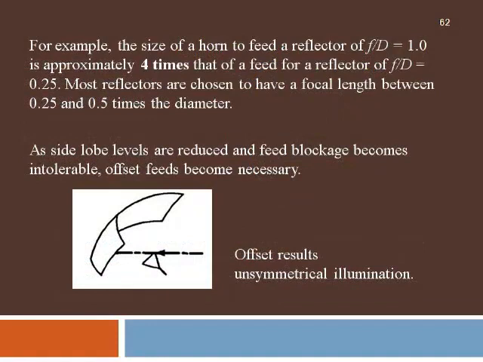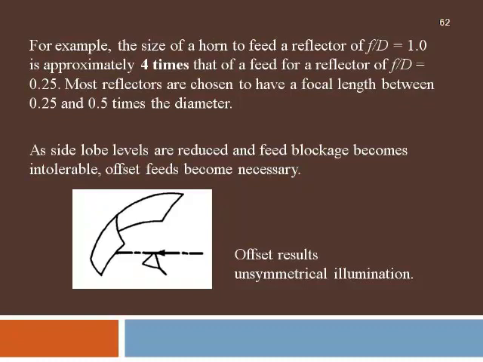For example, the size of a horn to feed a reflector of f by d ratio of 1 is approximately 4 times that of a feed for a reflector of f by d ratio of 0.25. Most reflectors are chosen to have a focal length ratio between 0.25 to 0.5, most popularly around 0.4.